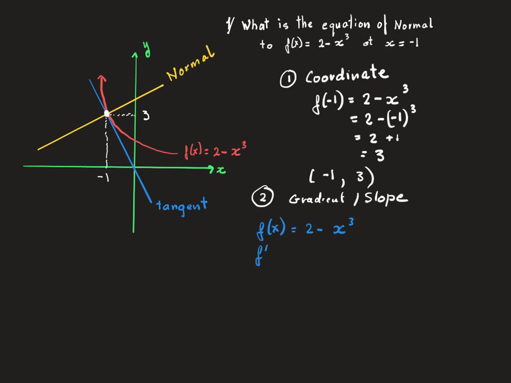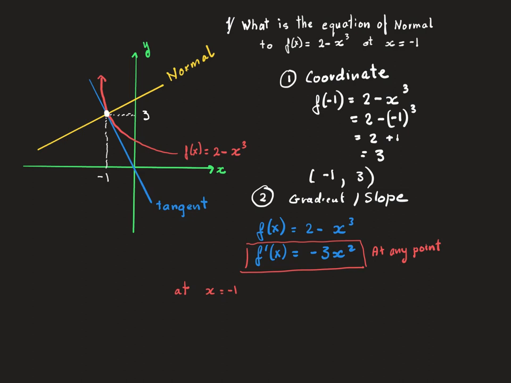And the derivative of that function can easily be found: -3x squared. And that is the derivative of that function at any point. The point we're interested in is -1.